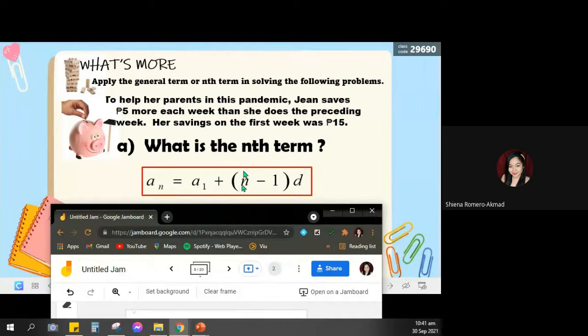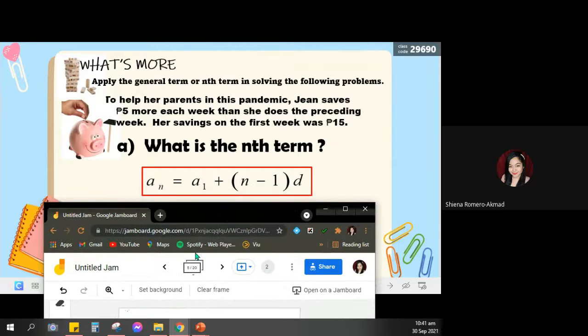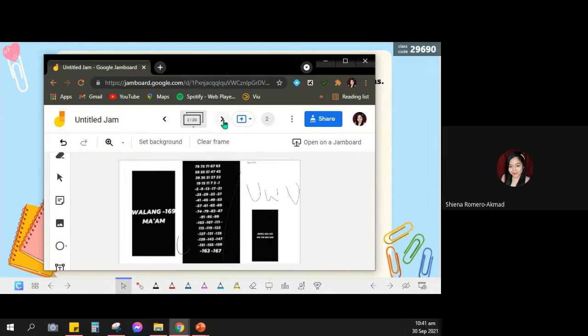Gamitin natin to in general term and we will look for the end term ng situation na to. Okay? Dito tayo sa frame number 5. Huwag buburahin si 1, kasi kailangan ko yan.